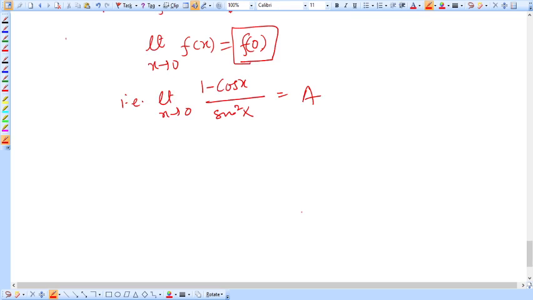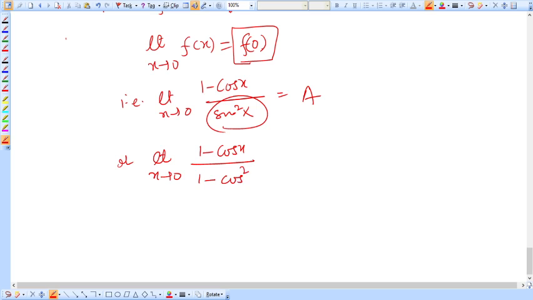Okay, further, now limit x tending to 0, 1 minus cos x over sin square x, sin square x can be written as 1 minus cos square x, okay, and it is equal to a.